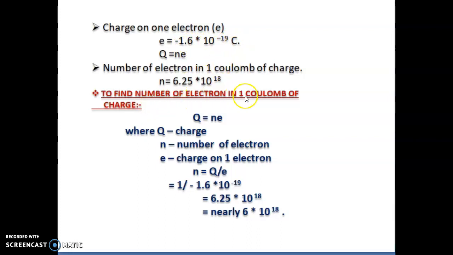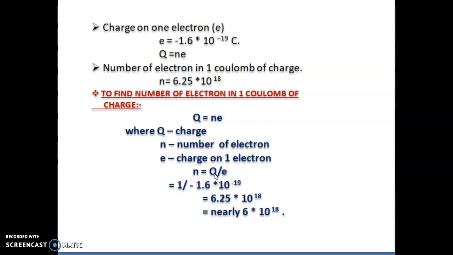To find the number of electrons in 1 coulomb of charge, Q is equal to ne, where Q is the charge, n is the number of electrons, and e is the charge on 1 electron. We can modify the formula: n is equal to Q upon e.